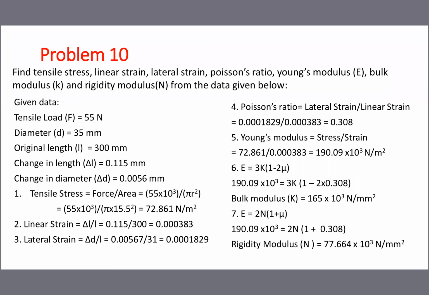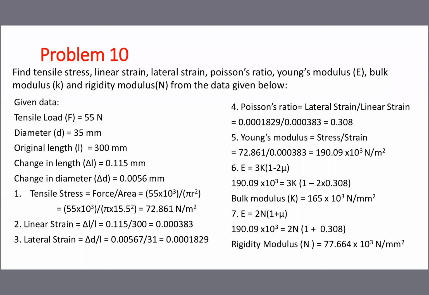So we got 31 given, no? Not 31, it is 35. So anyway, keep the formula in mind. Lateral strain is equal to change in diameter divided by the original diameter, 0.00567 divided by 35. Not 31, 35. So you will get the lateral strain.